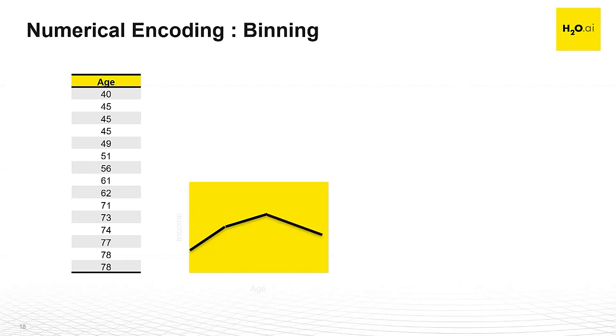And then once you get to retirement or close to that age, income starts decreasing. So it's not a linear relationship, it's a relationship that has bumps. This can be a bit tricky for certain algorithms that have certain assumptions, for example, linear regression, to capture. So what you want to do is to capture these cutoff points where the relationship between the target and what you try to predict essentially shifts.